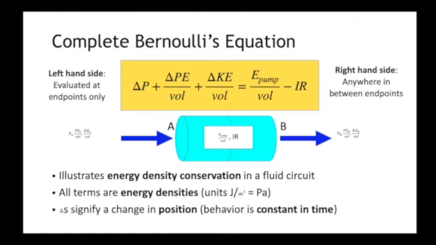And then is there a pump? Is there dissipation between them? And then solving. But if you can identify what your point A and point B should be and find what's unknown and what's not, going from there is pretty straightforward. However, getting to that point might be a little tricky.